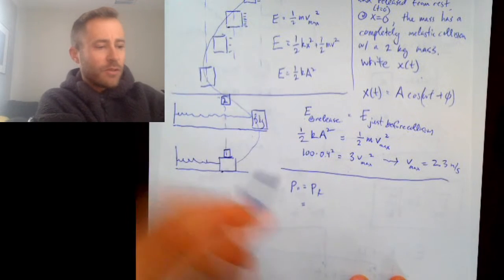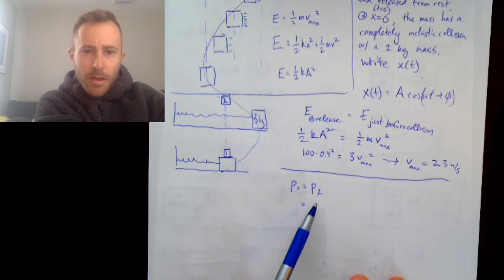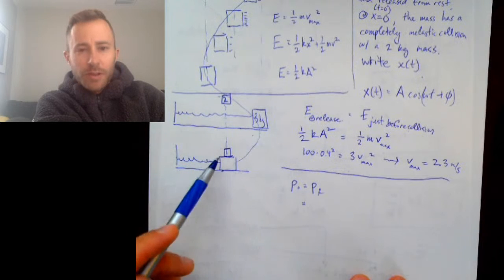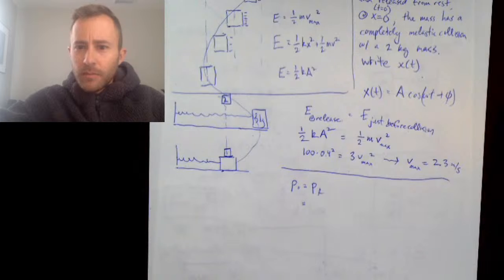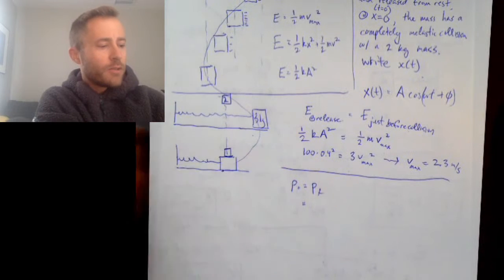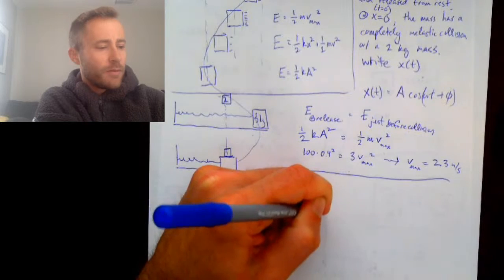After the collision, we have both masses moving together. So the final momentum is 5 v final.